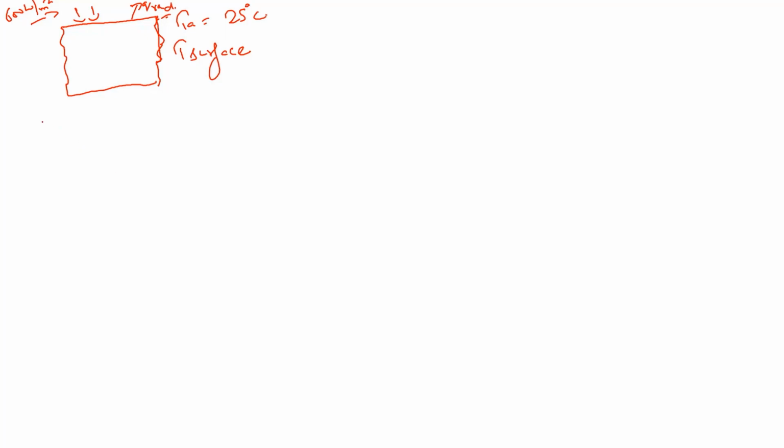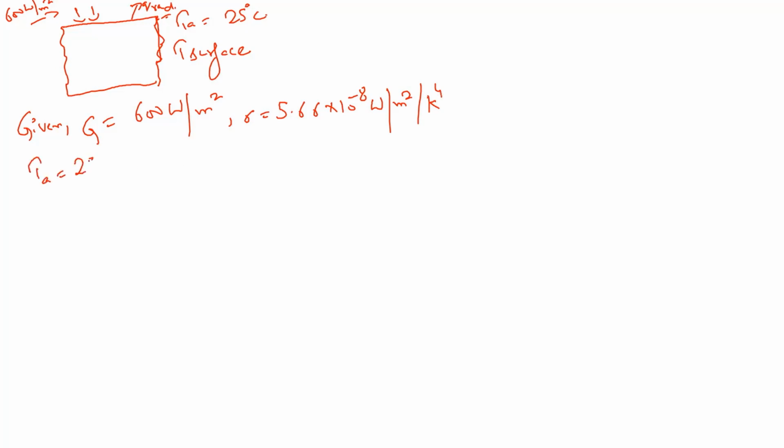If we write the given data, we have G, the solar flux, equal to 600 watt per meter square, and sigma equal to 5.67 into 10 to the power minus 8 watt per meter square Kelvin to the fourth. T ambient is 25 degrees Celsius, which is 298 Kelvin.